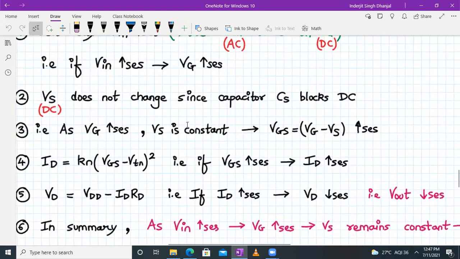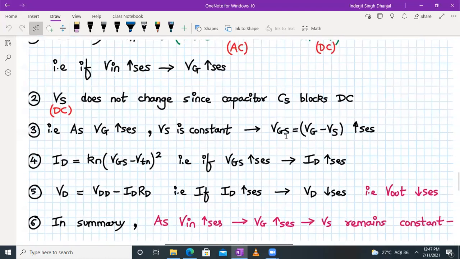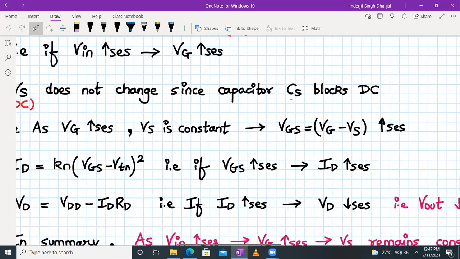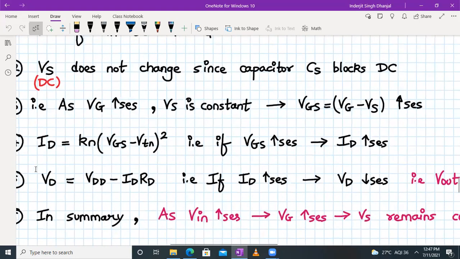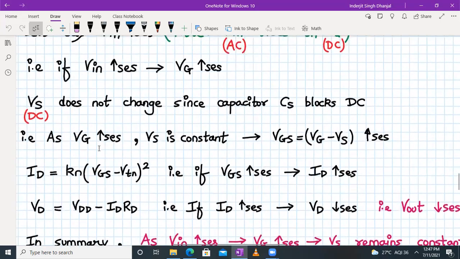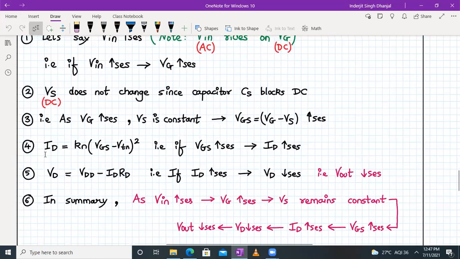We have the formula VGS, which is VG minus VS. So if the source voltage is constant and the VG voltage is increasing, can we say that with Vin increasing, VGS also increases? Now we have the formula relating the current and the voltage: ID is given by Kn times (VGS minus VTn) the whole squared. So if VGS increases, ID, the drain current, also increases.